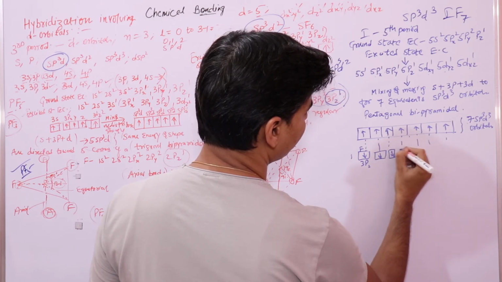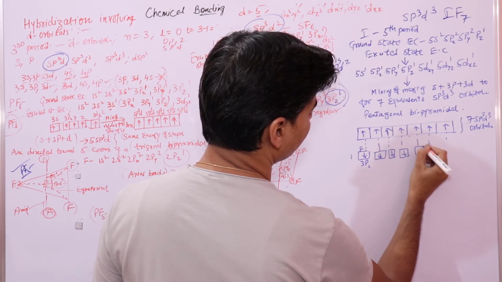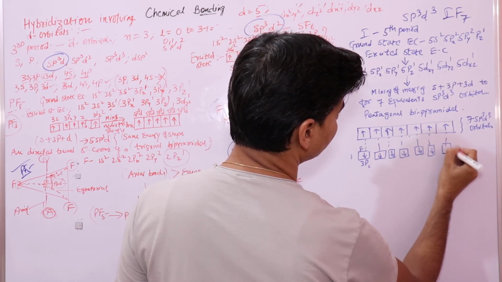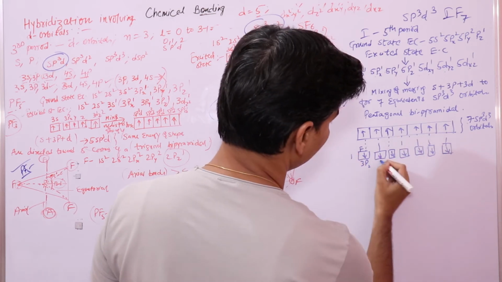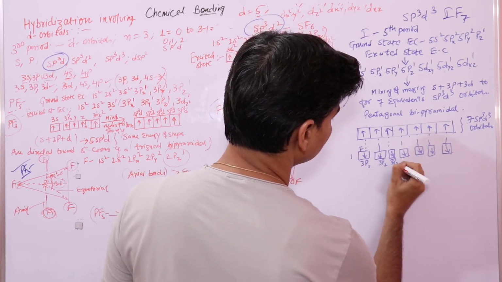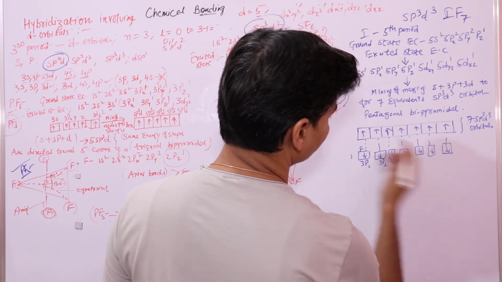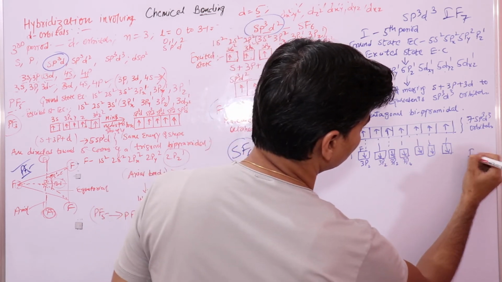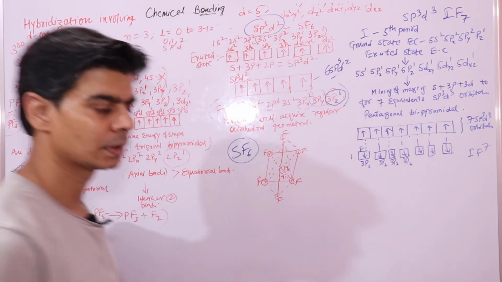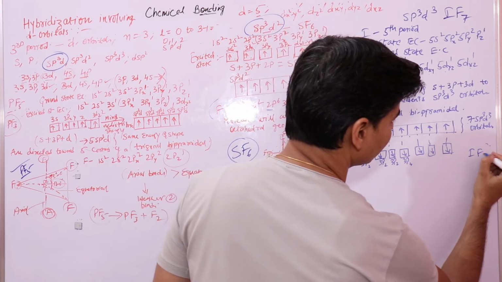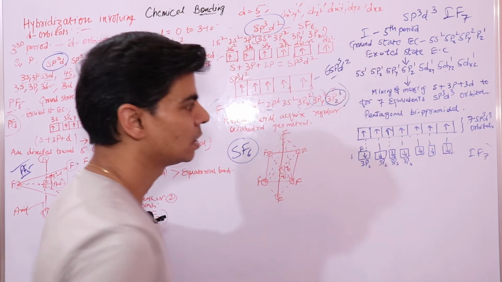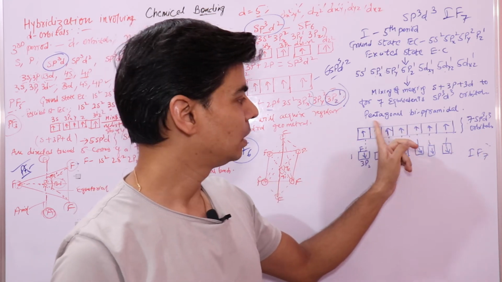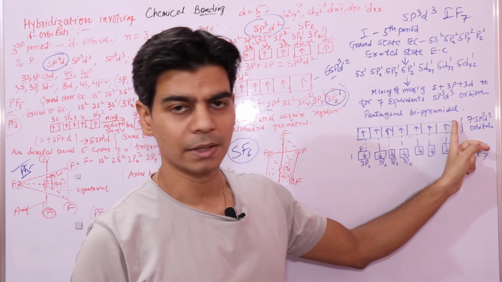Similarly for this one, 3pz, 3pz, 3pz, to form the compound IF7. The iodine atom is sp3d3 hybridized, and the geometry is pentagonal bipyramidal.